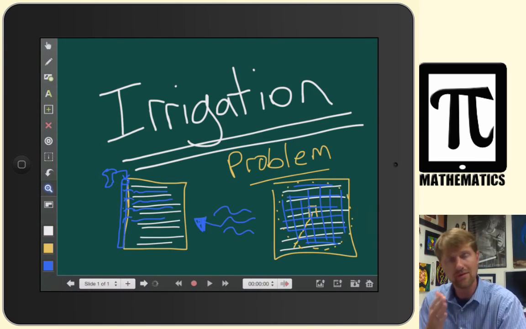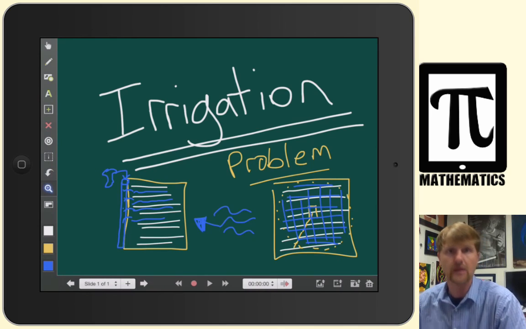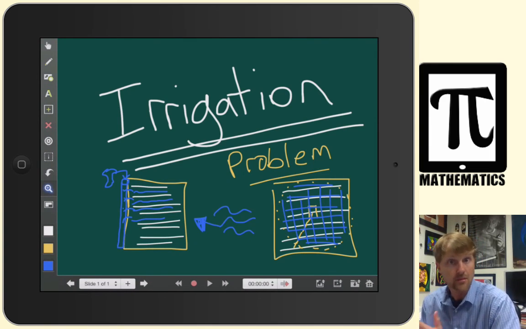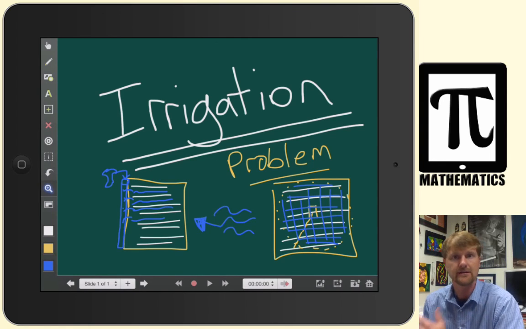With that center pivot, it creates circles on properties, and that allows you to pose a problem such as when you have a circle inside of a square, how much is not covered by that circle. And this is a real world type problem for it. So here's the irrigation problem, with some crazy big numbers, if you will, but it is more realistic than some that you just get out of a book.